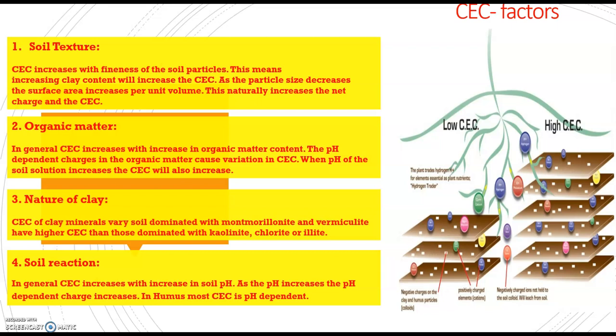So when we plant trees in that high organic matter soil, automatically it will increase the nutrient exchange rate. In general, CEC increases with an increase in organic matter content. Already explained that pH dependent charges in the organic matter cause variation in CEC.